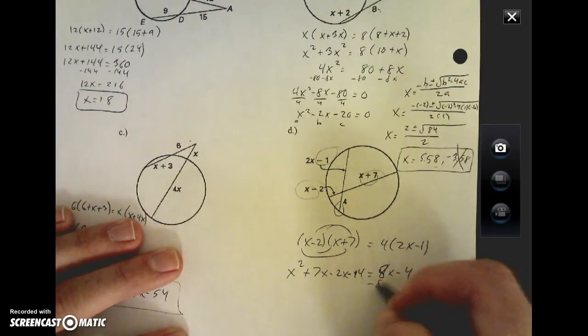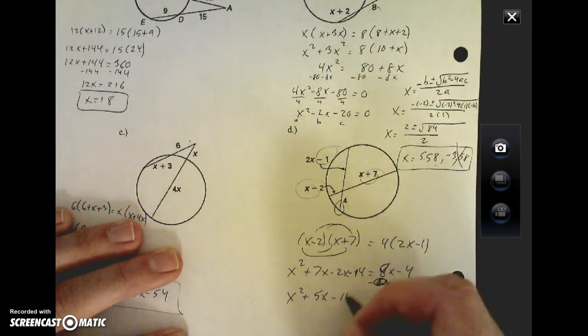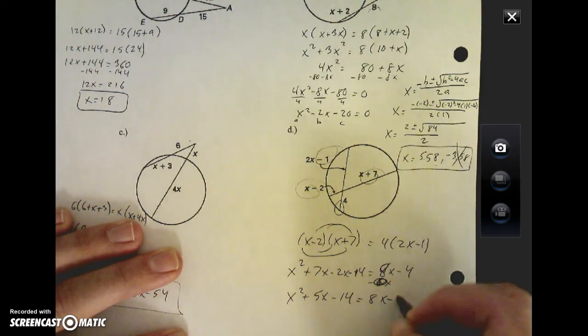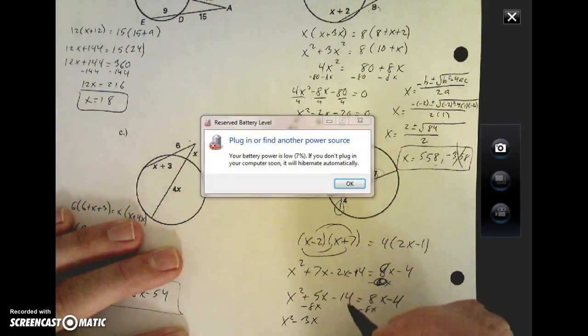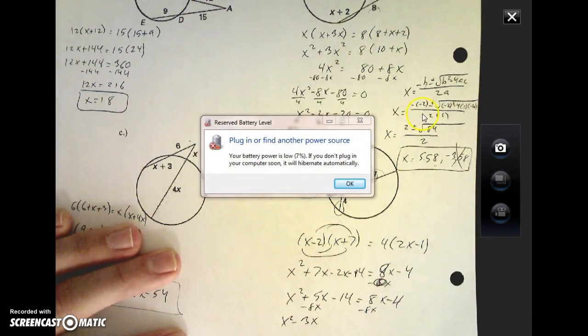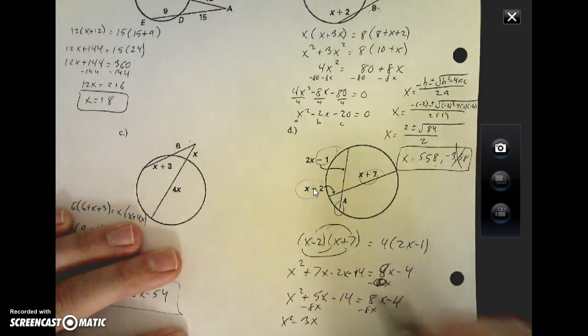Get everything on one side. Oops. Hold on a second. Subtract 8x, subtract 8x. That's not good. Okay, and then if I add the 4 over, I got minus 10.